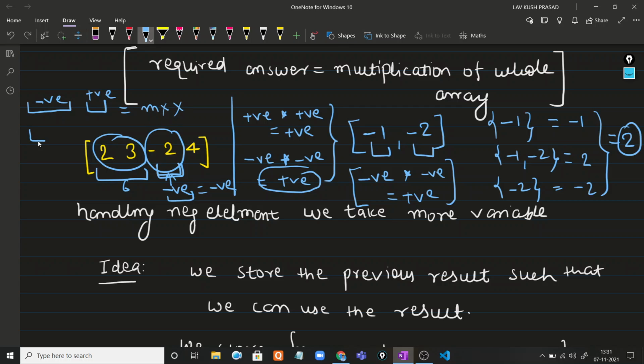But if the previous subarray product is negative and the current value is also negative, it gives a positive result, right? So we can consider this case also. I hope you got the idea behind this problem.